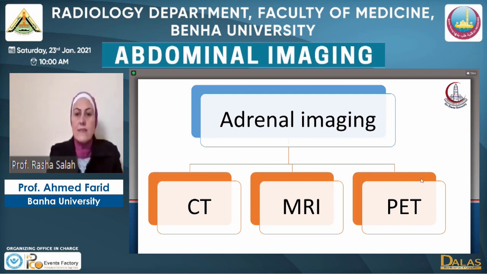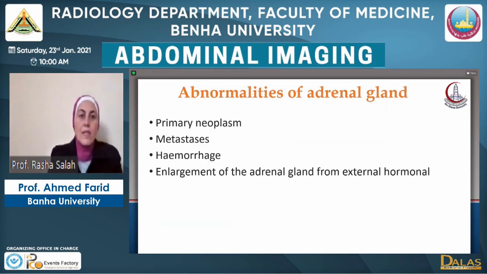And PET-CT is reserved just for adrenal masses suspicious for malignancy. And we have two types of PET-CT, either the routine fluorine FDG PET-CT or the advanced gallium dotatate PET-CT, and we are going to discuss this later.